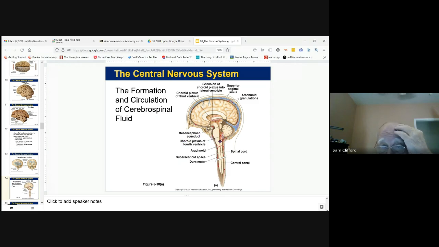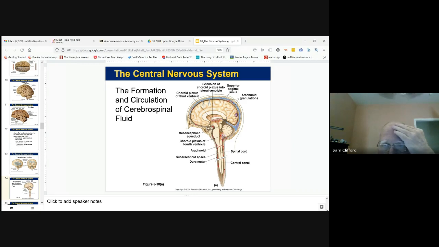So the circulation of the cerebral spinal fluid is all throughout the arachnoid layer, and it's constantly circulated and returned to the ventricles of the brain, and it goes from the lateral ventricles to the third ventricle to the fourth ventricle and so on, and it goes throughout the central canal of the spinal cord.